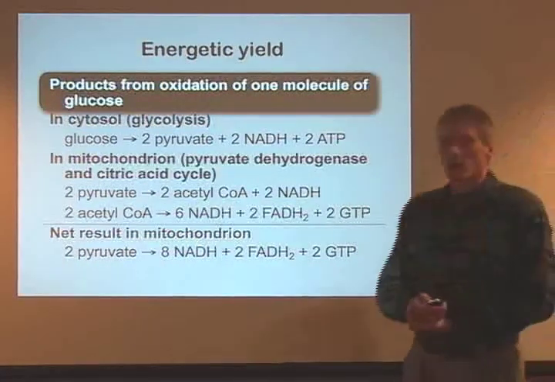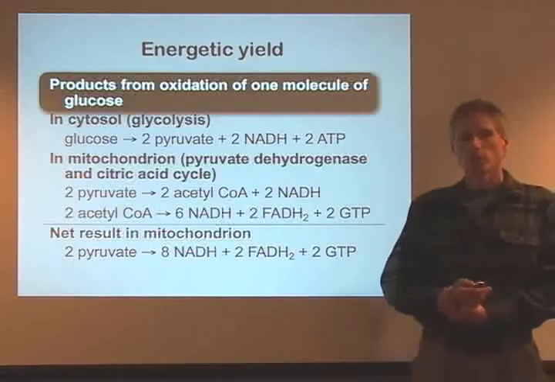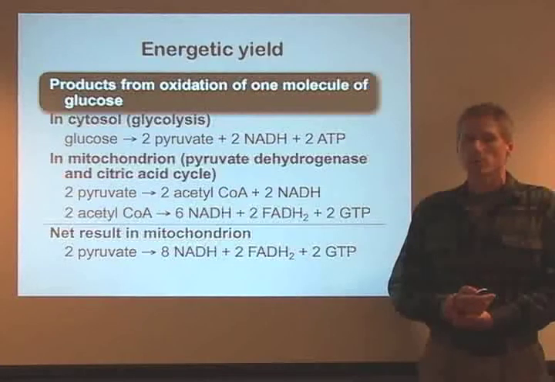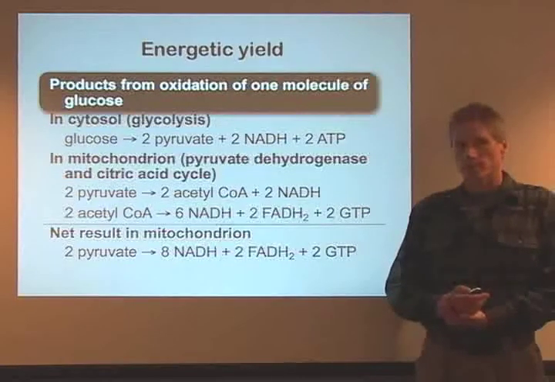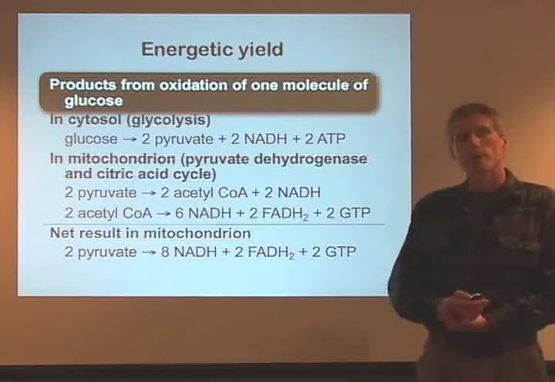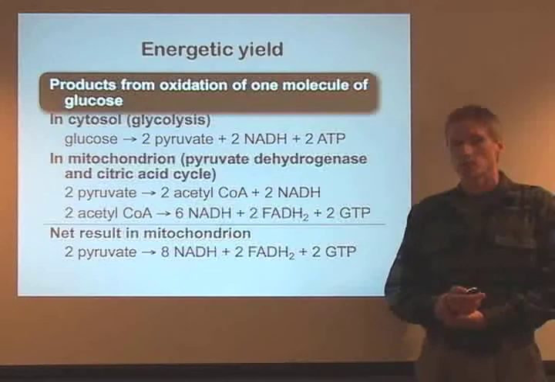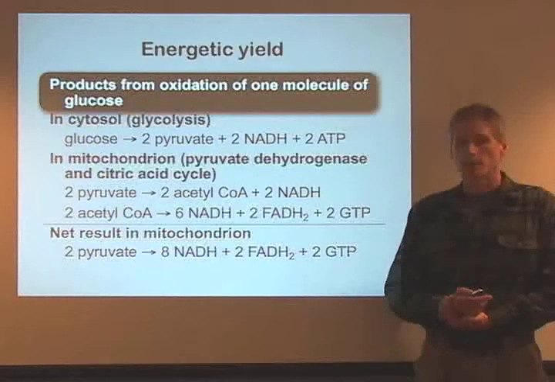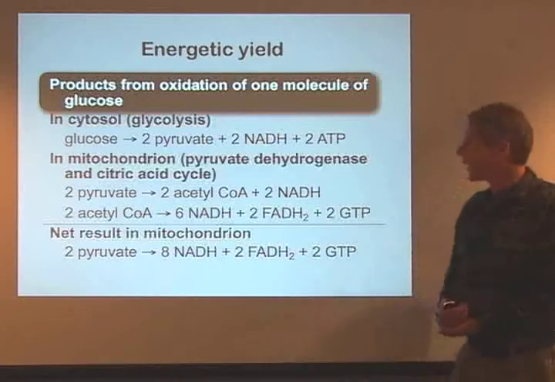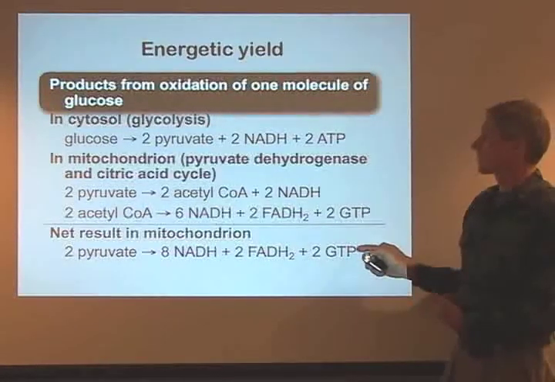So from glucose, you get 2 pyruvates, 2 NADH, and 2 ATP from glycolysis. To recap, in mitochondria, pyruvate dehydrogenase and the citric acid cycle give you 2 NADHs and then 6 more plus 2 FADH2s plus 2 GTP. So you get quite a lot of energy just from these steps.